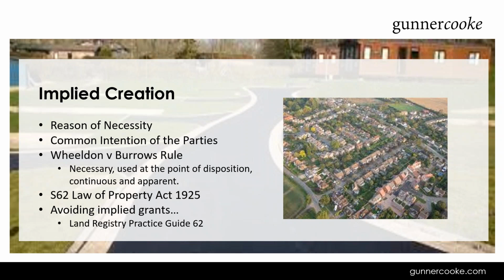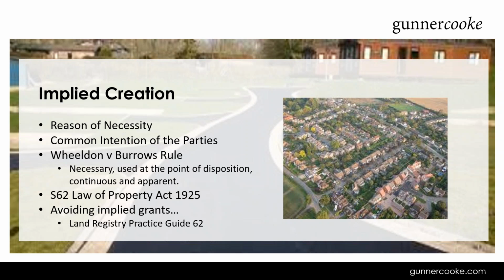Similarly, if there are windows in the side of a building, then it would be implied that there was light being used through those apertures. So the rule in Wealden and Burrows again comes into play in that situation where it's in favour of the buyer of a part of land.